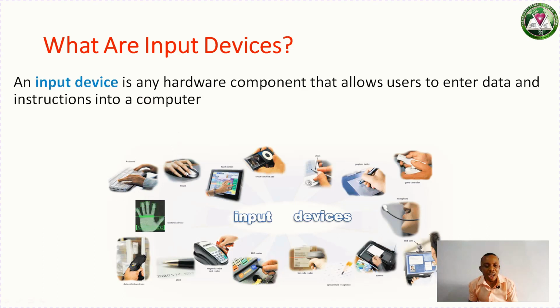You can see a hand holding a mouse. You can see a touch screen, somebody touching his phone and his laptop. A touch screen is a good example of an input device. And we have thumb printing, and we have so many of them.